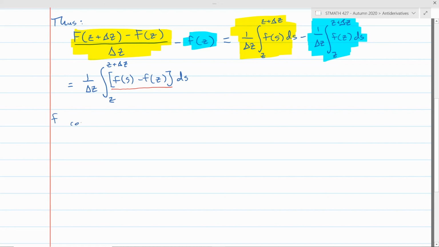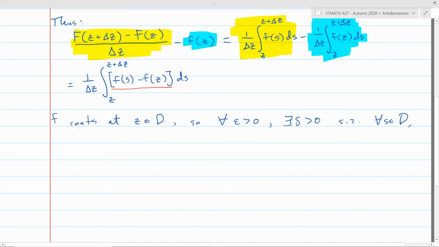F is continuous at z in D. So for every epsilon greater than 0, there exists a delta greater than 0, such that for every s in D, if the modulus of s minus z is less than delta, it implies that the difference between f of s and f of z is less than epsilon.